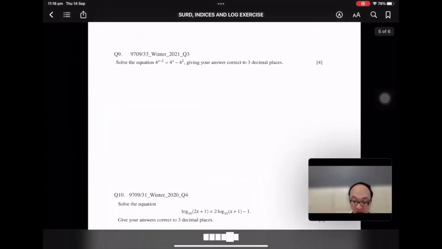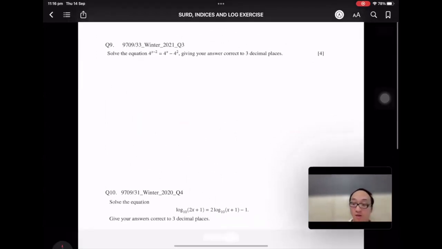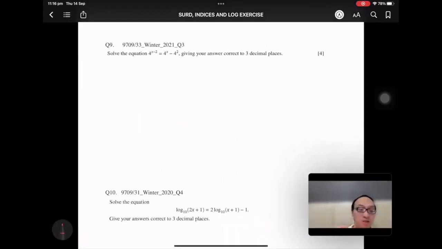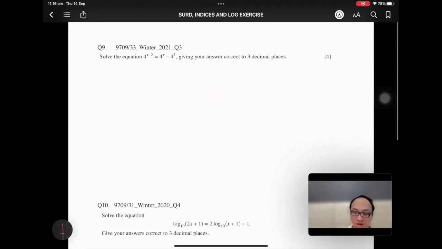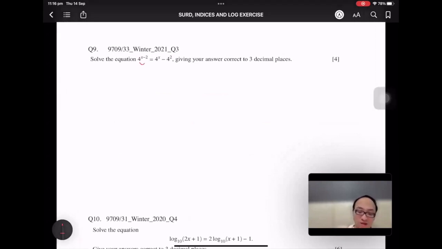Number 9, we have the same, yeah? So we split this: 4^x times 4^(-2), 4^x minus 16. So this is 4^x over 4 squared equals 4^x minus 16.